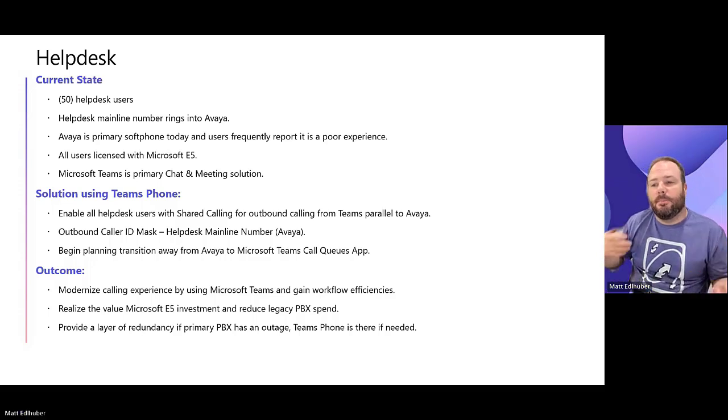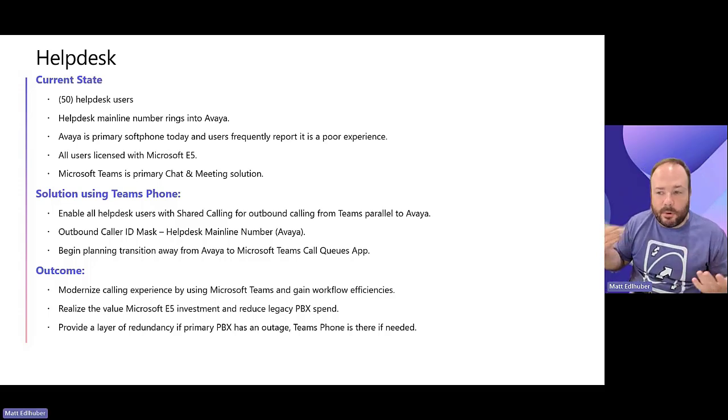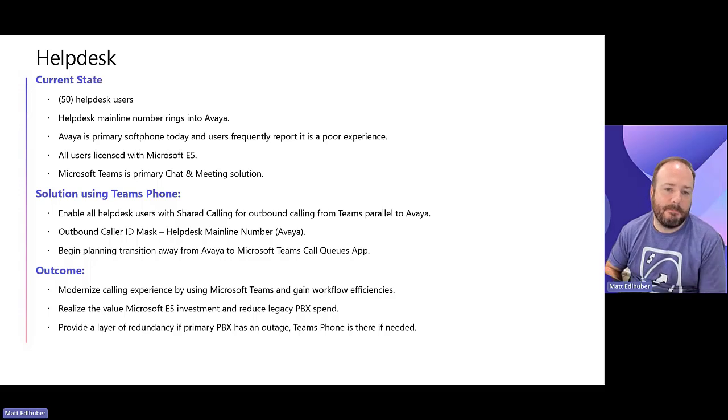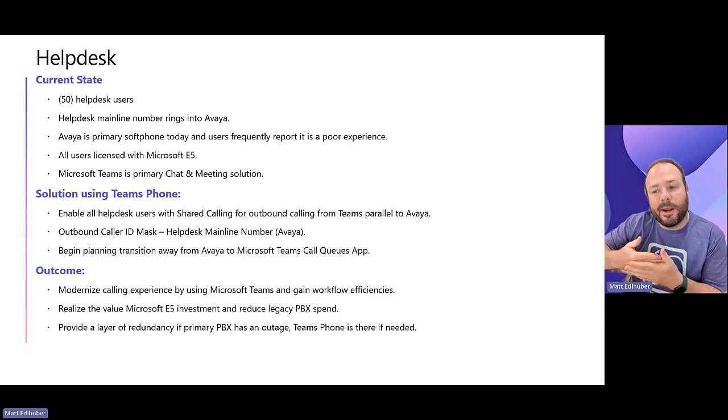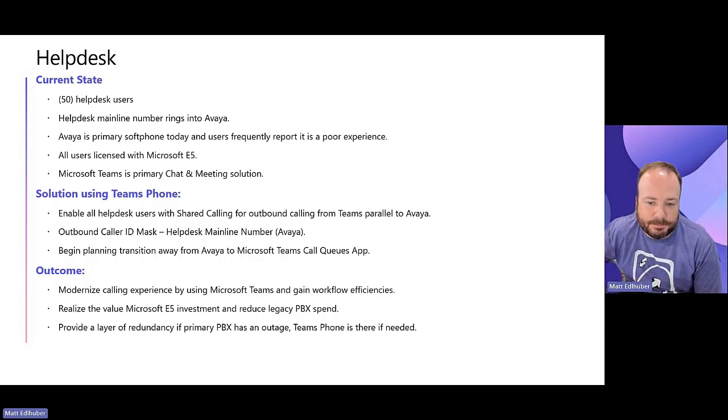So maybe we can simplify some of that workflow as a transition, enable shared calling for those users, and allow them to start using Teams Phone, and then we start pulling back the legacy PBX. But again, you can turn it on in parallel with very minimal interruption.